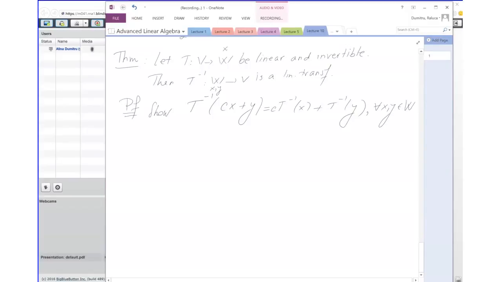Now, because x and y are in W and T is onto, they are the images of some vectors from V through T. So since T is onto, T of some v1 is x, and T of v2 is y, for some vectors v1, v2 in V.